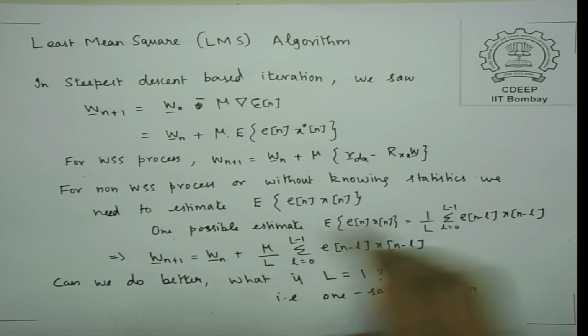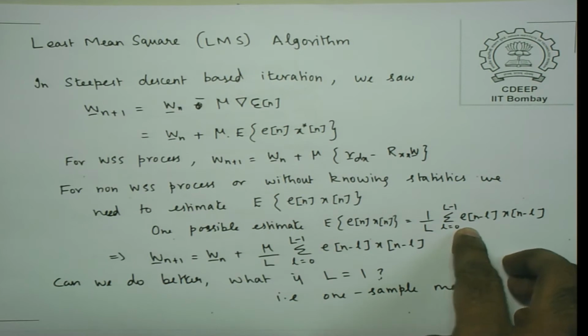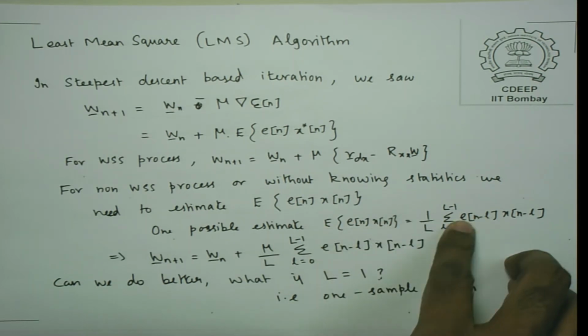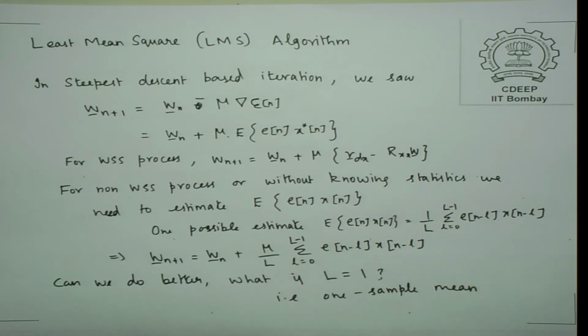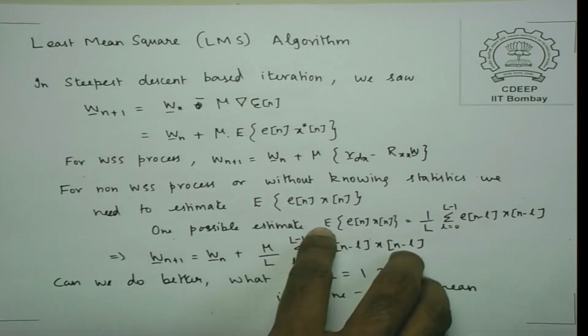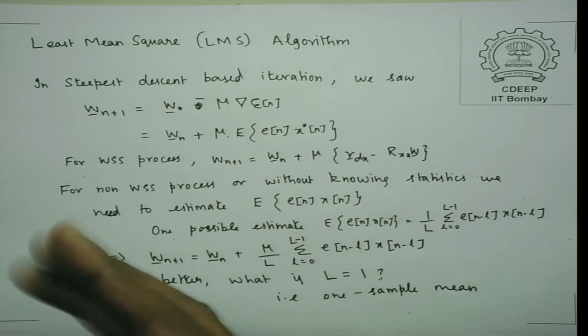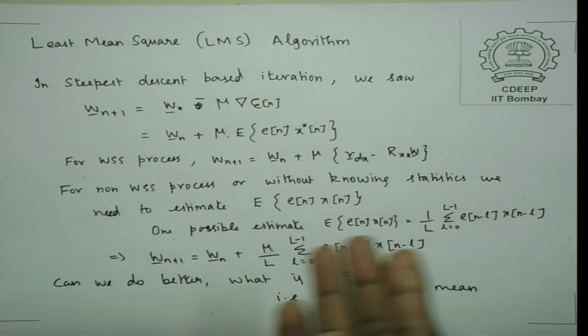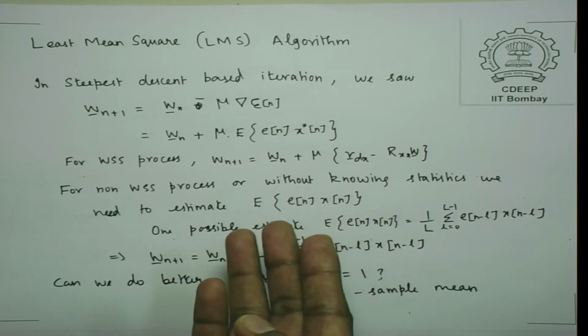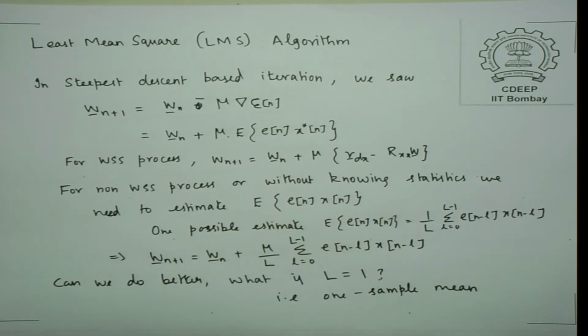This assumes that we can estimate the error, and since our input is x of n minus l, we could obtain this estimate. This seems like a reasonable estimate for the expectation, and one could substitute this term for the expectation, and that will help us get away from using any pre-computed or prior knowledge of the statistics.